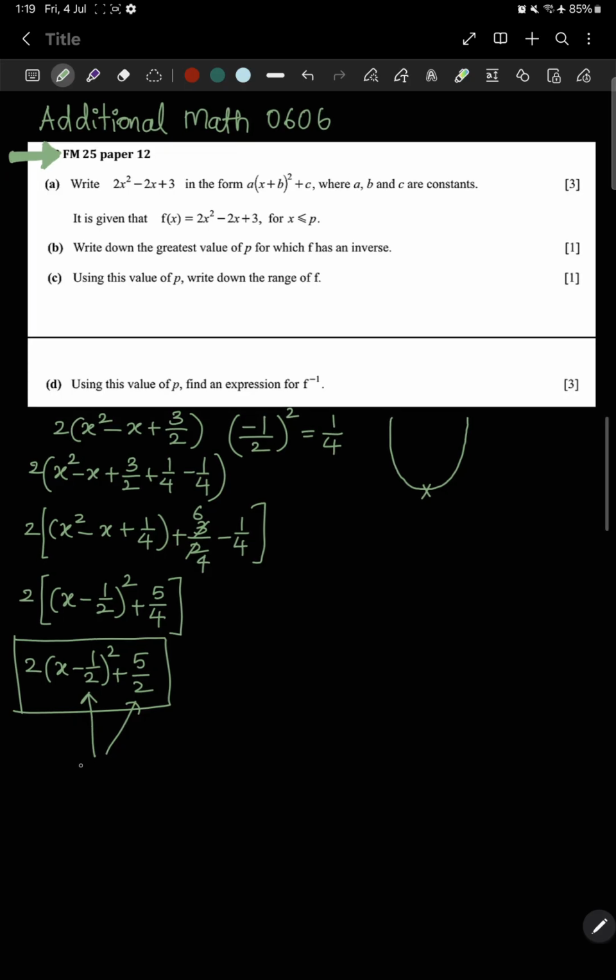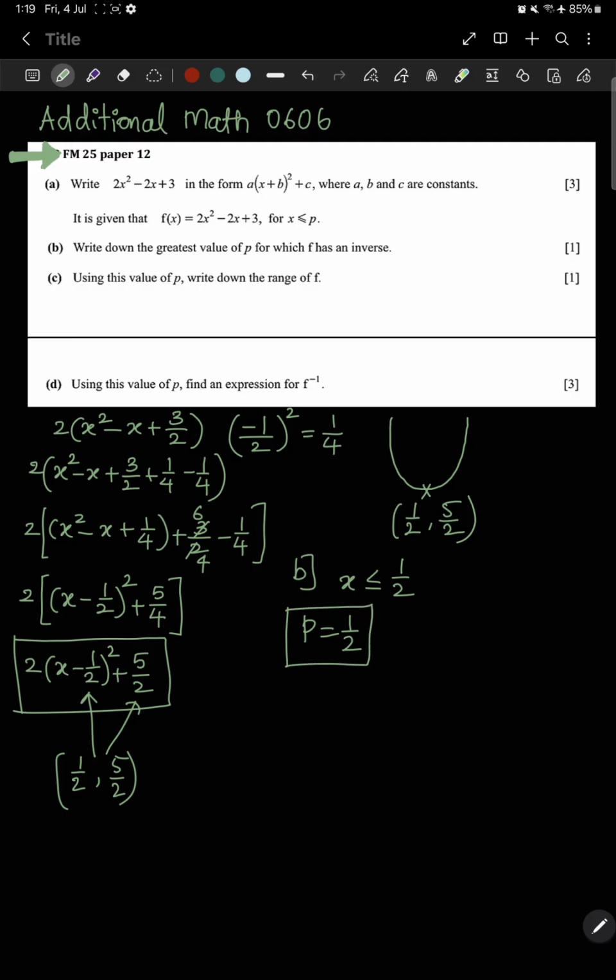So this is minus half, so the x point is half, and the second point is 5 over 2. So the turning point is half comma 5 over 2. Therefore, for the second part, x needs to be less than or equal to half. So my value of p is half, so that my function is defined.